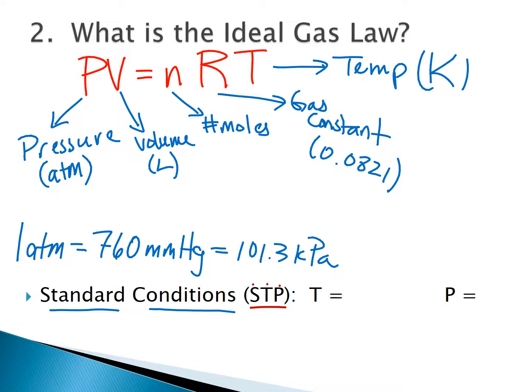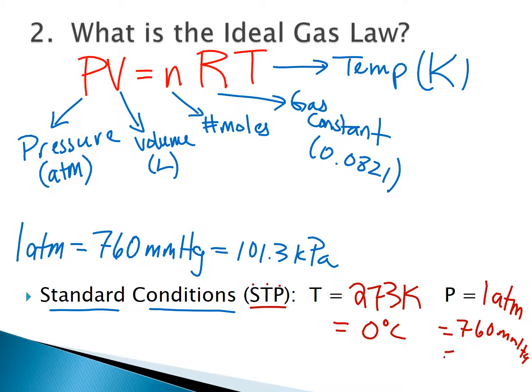At standard temperature and pressure, the temperature in Kelvin will be 273, or 0 degrees Celsius, and the pressure is 1 atmosphere, or 760 millimeters of mercury, or 101.3 kilopascals.